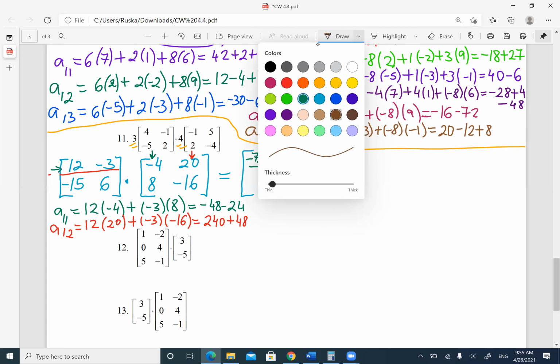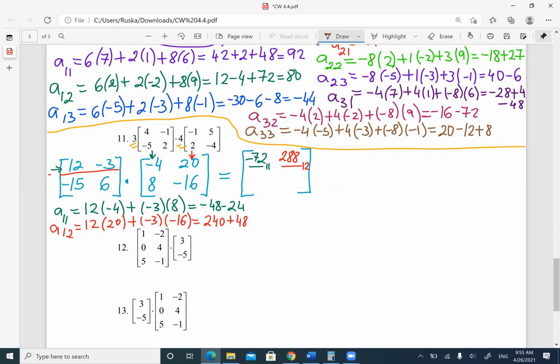Yes, ma'am. Then you're going to go to the next element here. It's going to be second row and first column. So I'm going to write A, 2 and 1 is going to be negative 15 times negative 4 plus 6 times 8.